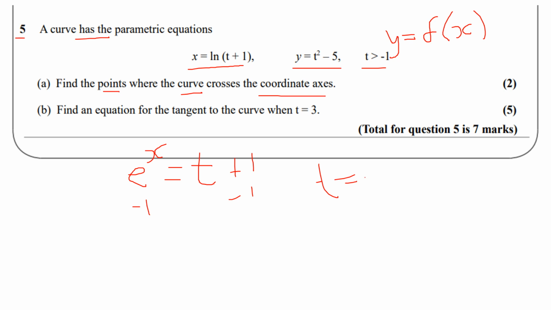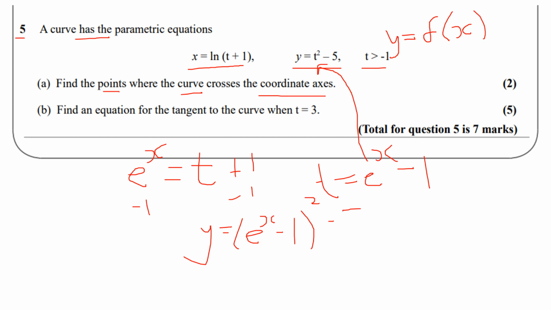I'm going to substitute it into y equals t squared minus 5, obviously not forgetting to square this whole bracket. So we're going to have y equals (e to the x minus 1) all squared minus 5. I'm now going to expand this bracket.